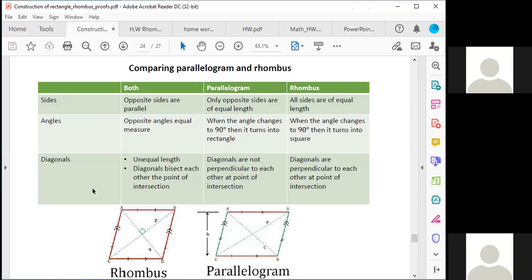Now, you need to be very clear on this. Is a rhombus a parallelogram? Yes. In that case, it is quite possible that a parallelogram may have all four sides to be equal.